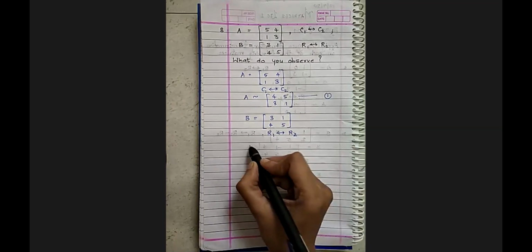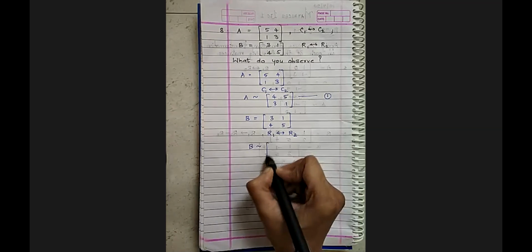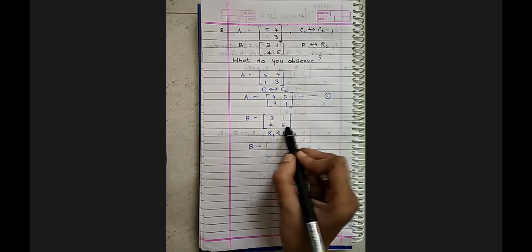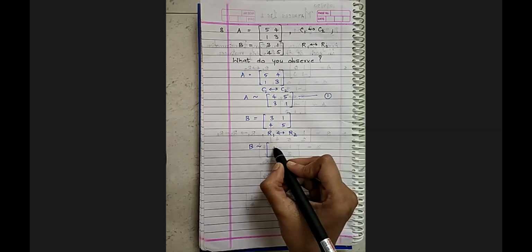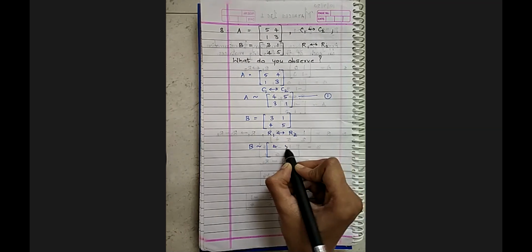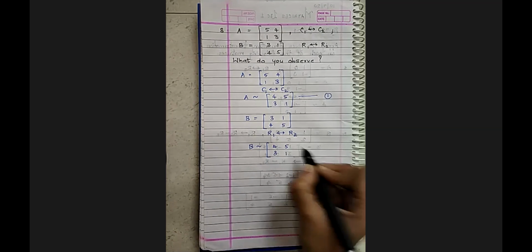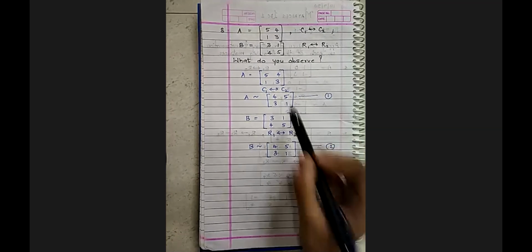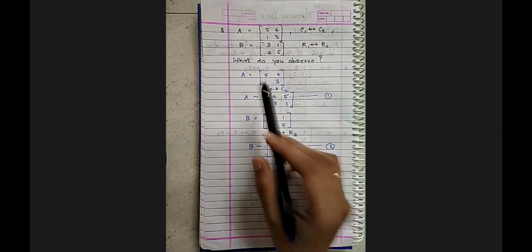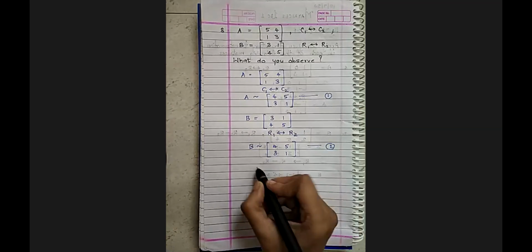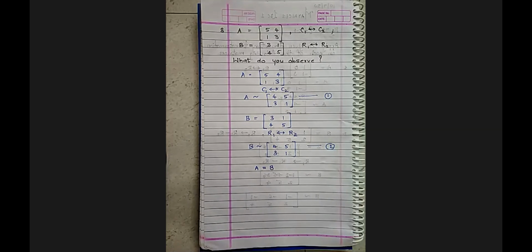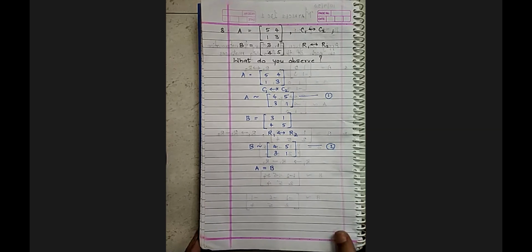So 4, 5 will go up and 3, 1 will come down. Now see, it is exactly the same. So what do you observe? You observe that A matrix is exactly equal to your B matrix. So this was your third sum from your first exercise.